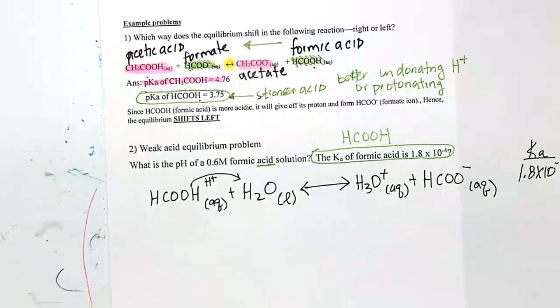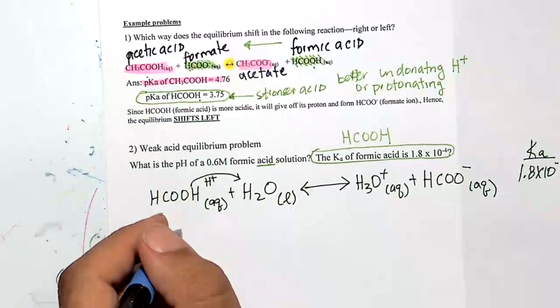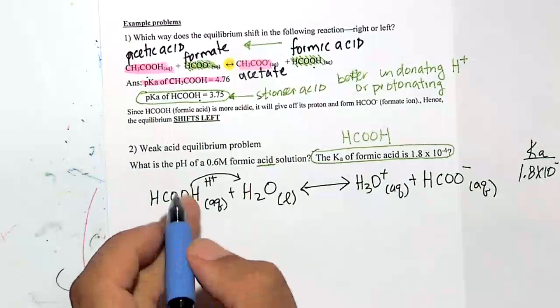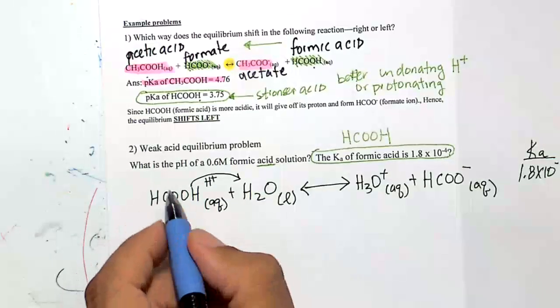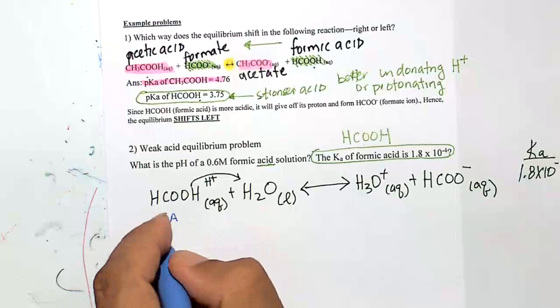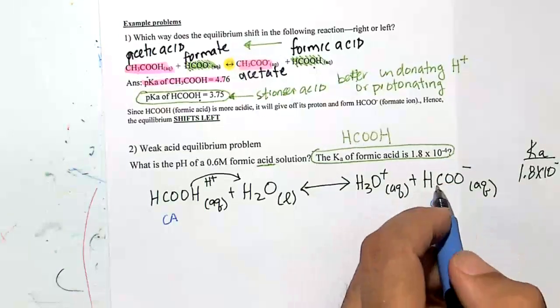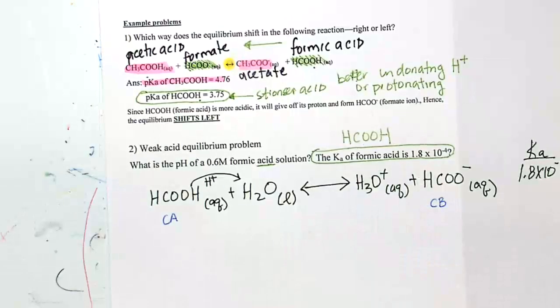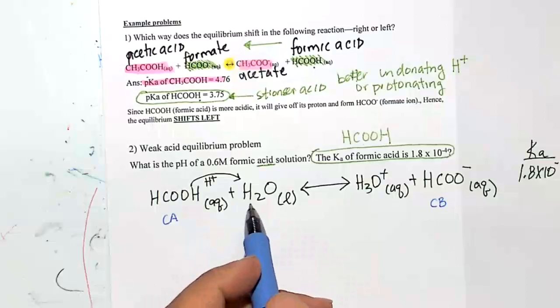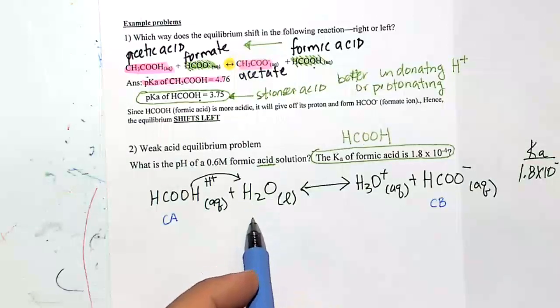So also, can you guys tell me what's the conjugate acid and conjugate base pairs, the conjugates? Okay, formic acid, I'll give you the formula. Obviously, that's the acid. What is its conjugate base? Okay, HCOO minus. These are a couple. Okay, this is a couple. Okay, what is H2O here?